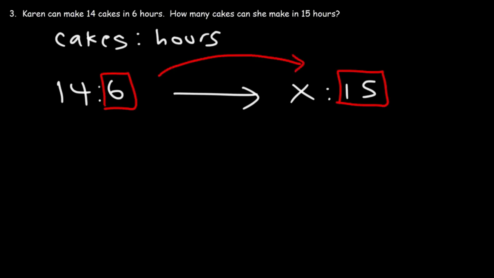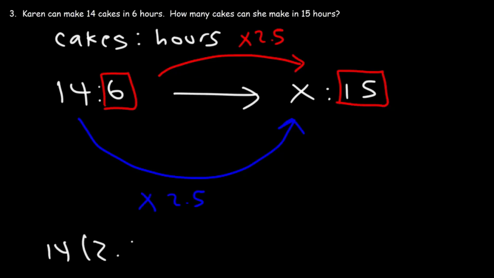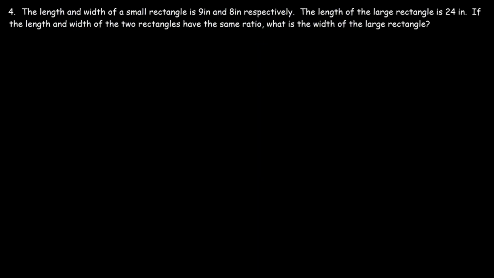If you're not sure, divide. 15 by 6 is 2.5. So you got to multiply 6 by 2.5 to get to 15. Likewise, to find x starting from 14, you must also multiply that by 2.5. 14 times 2.5 will give us the same answer, which is 35.